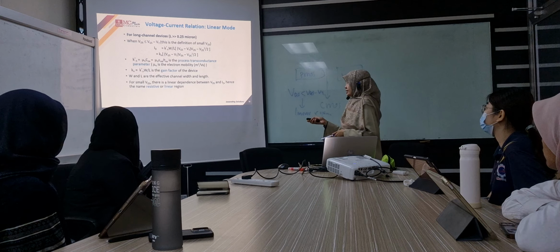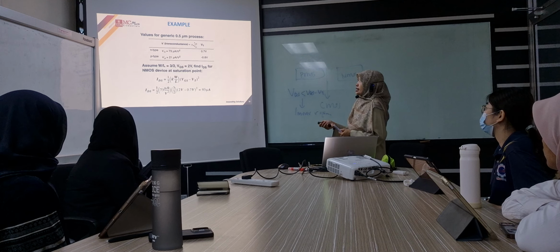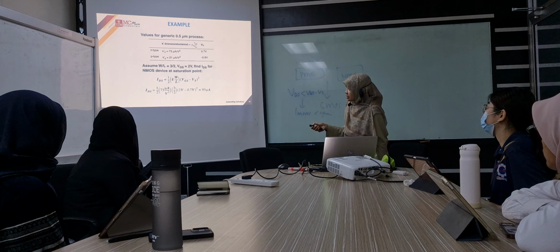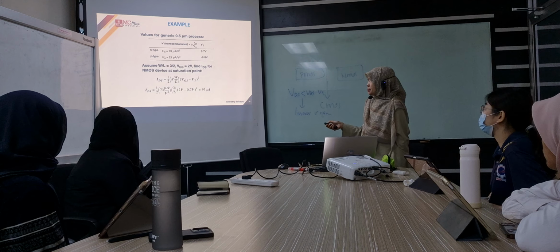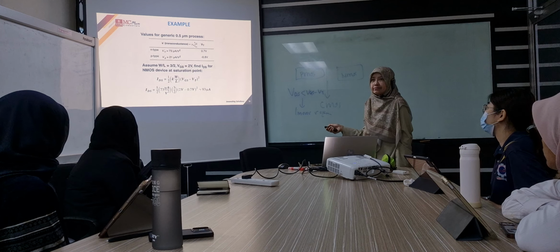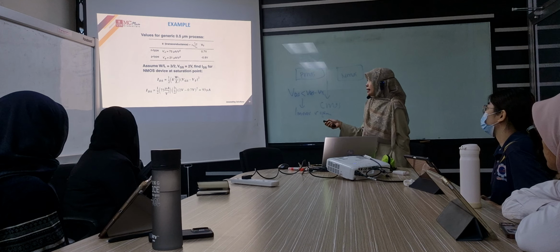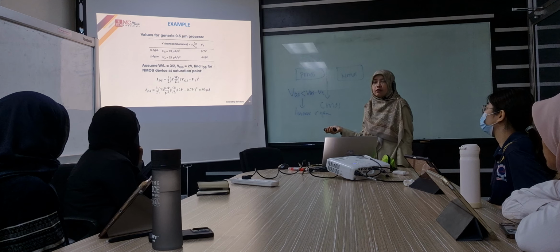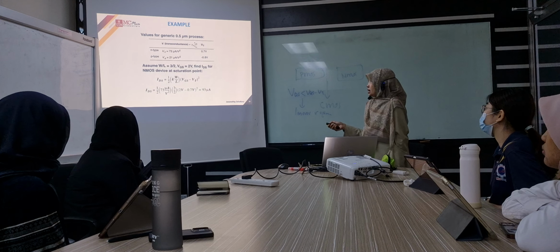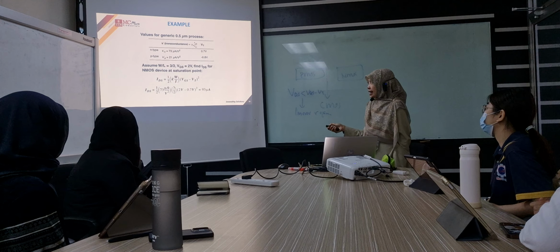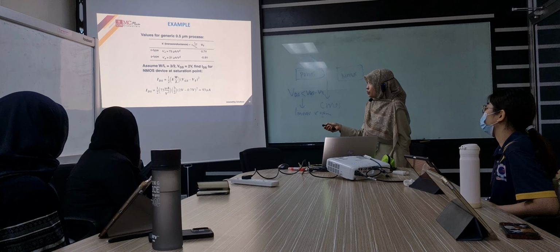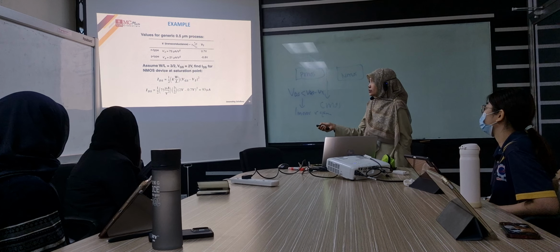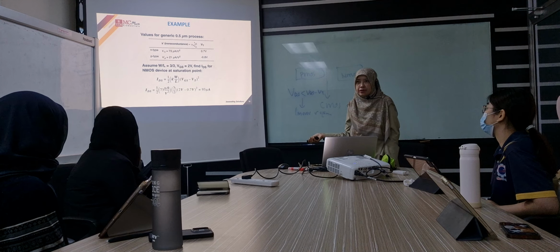So let's look at this example. We use generic 0.5 micrometer. So this is the general equation, because we want it to be in the saturation region. So apply this equation. This equation is for saturation mode. Given the size W/L, we substitute this value into this equation, and then we get the current at 93 microampere.